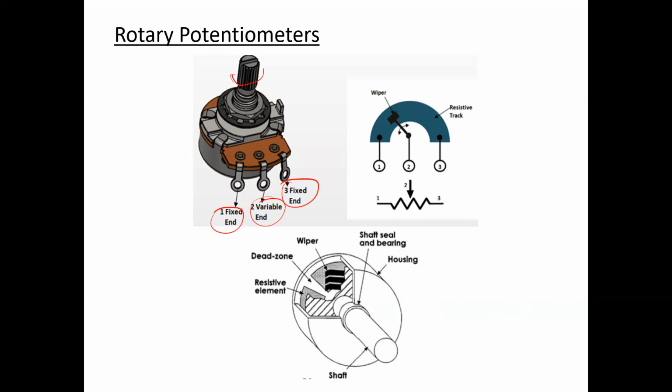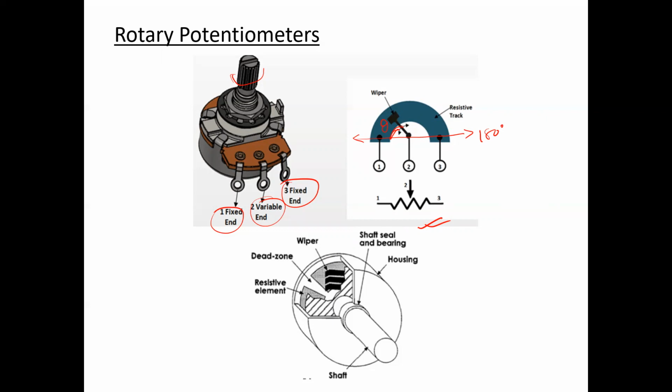Suppose for the figure shown over here, this semicircular arc of resistive material or resistive track corresponds to 180 degrees.